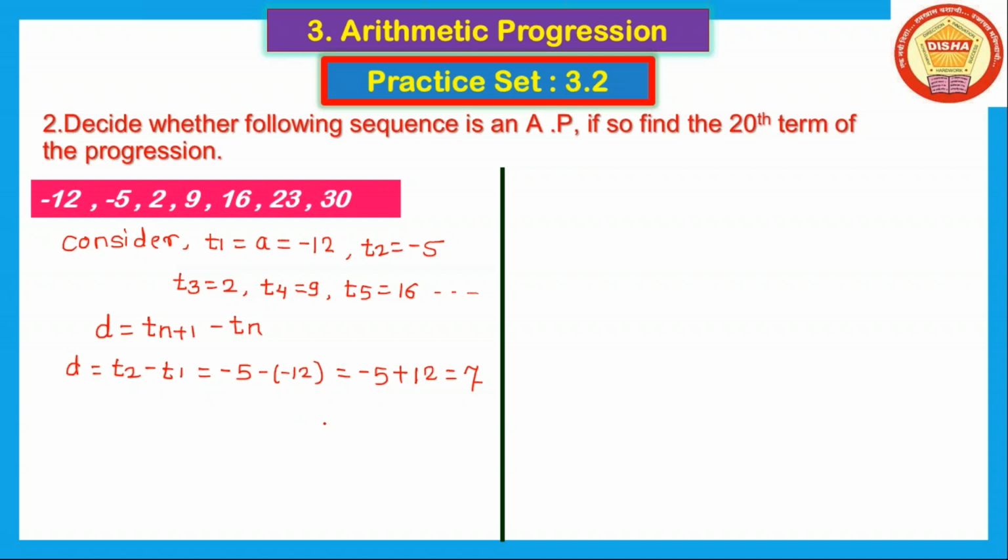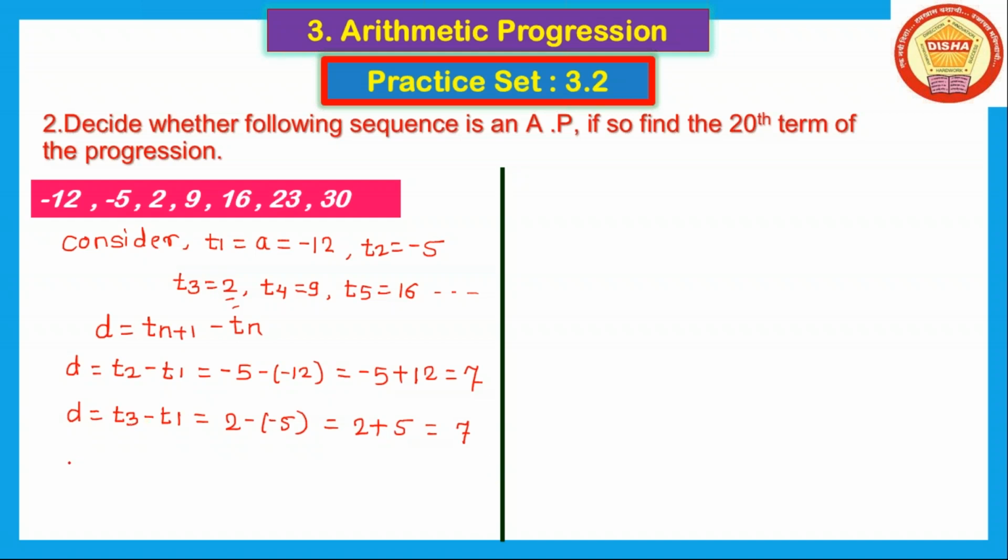Means the difference between the first two consecutive terms is 7. Then we find the difference between the next two consecutive terms, that is T3 minus T2. T3 is 2, so we put 2 minus negative 5, which is 2 plus 5, so again it is 7.